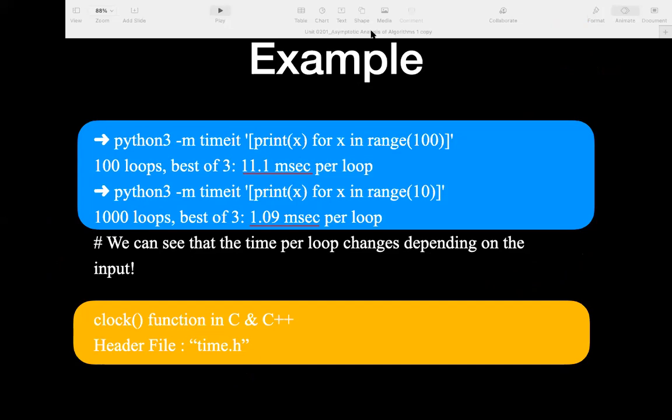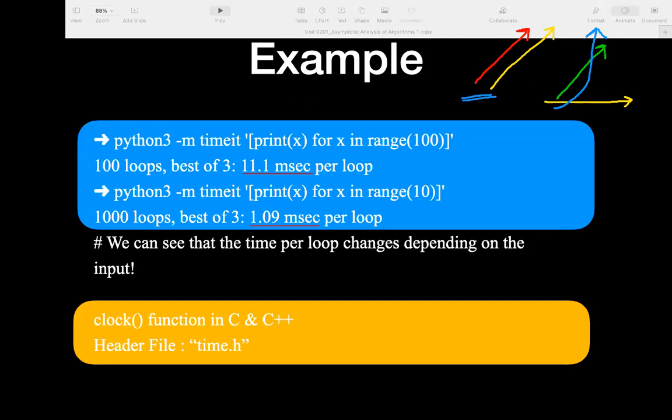There is also a possibility that as input size increases, the execution time remains the same, or it can also increase exponentially. So there are multiple possibilities.